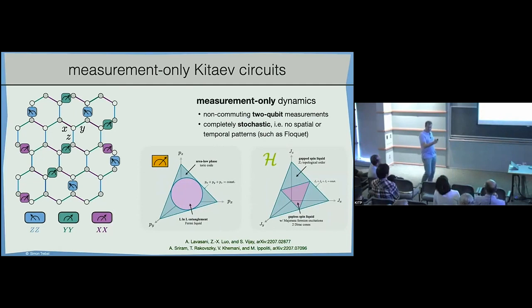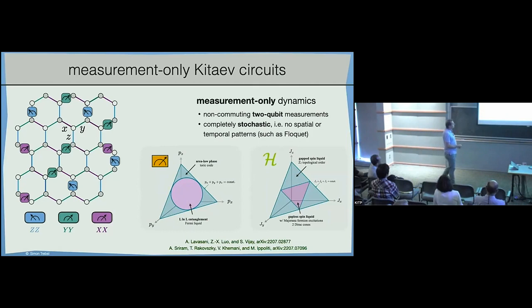Next slide. Okay. So I measure ZZ, XX, and YY. And what the operation is comes in just a second. Let me first advertise why this is interesting. We can draw phase diagrams, which will now talk about entanglement structures that you can generate in the steady state of these processes.